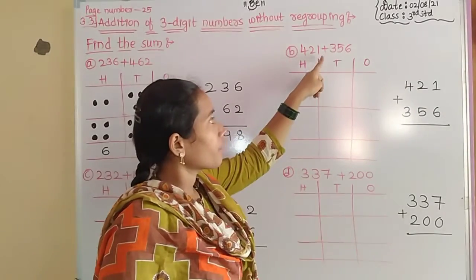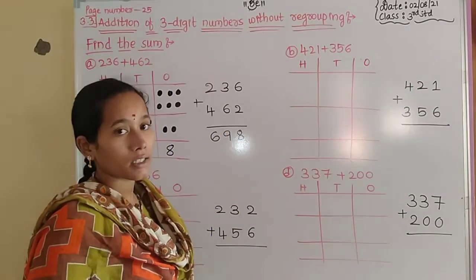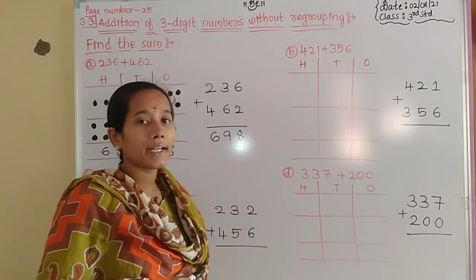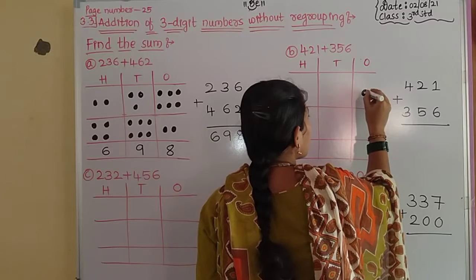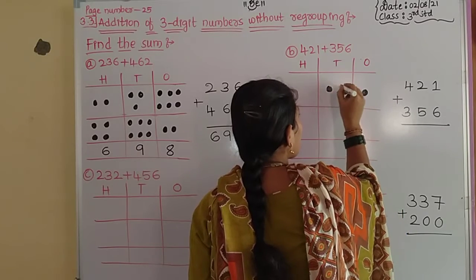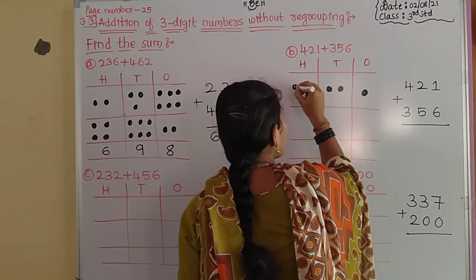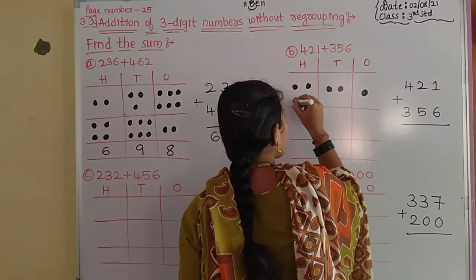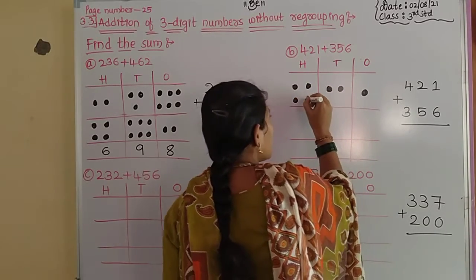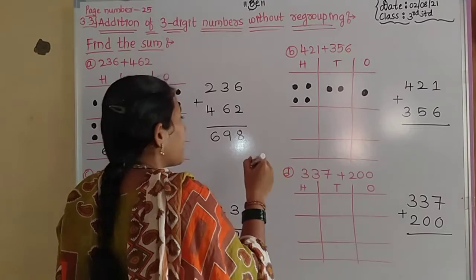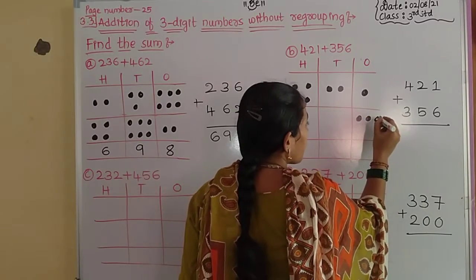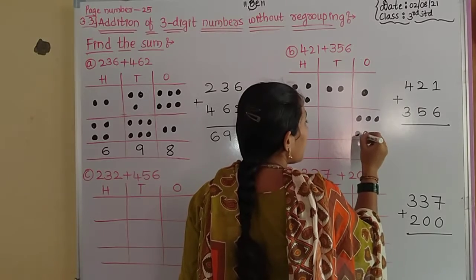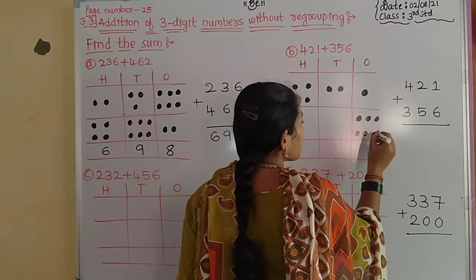The next one, 421 plus 356. Here, which one is the first addend? Very good, 421. So 1 is in the ones placement, 2 is in the tens placement, 4 is in the hundreds placement. Then in the second addend, 6 is in the ones placement; we add the digits in the ones placement first.